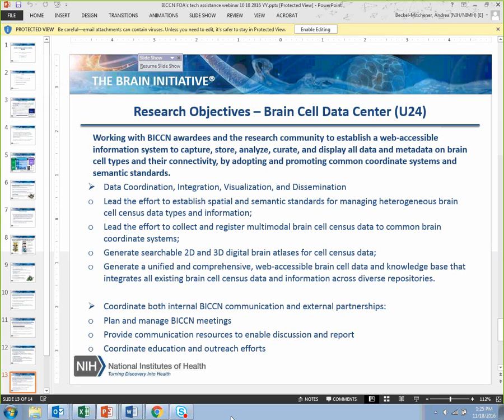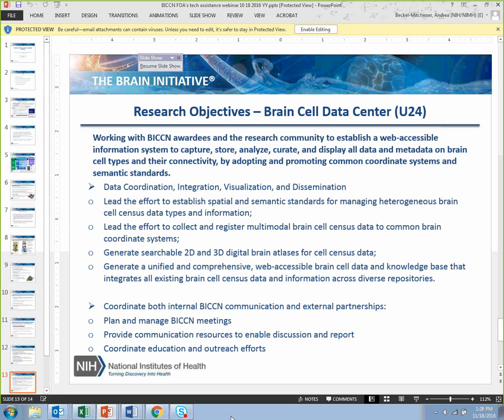The U24 center is expected to lead the effort to establish spatial and semantic standards for managing heterogeneous brain cell census data types and information, and lead efforts to collect and register multimodal brain cell census data to common brain coordinate systems, and to generate searchable 2D and 3D digital brain atlases for cell census data, and generate a unified and comprehensive web-accessible brain cell data and knowledge base that integrates all existing brain cell census data and information across diverse repositories.